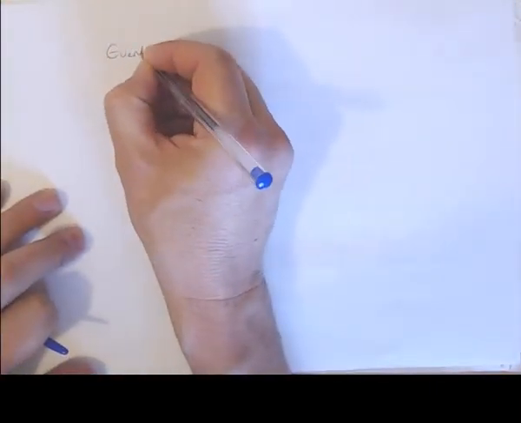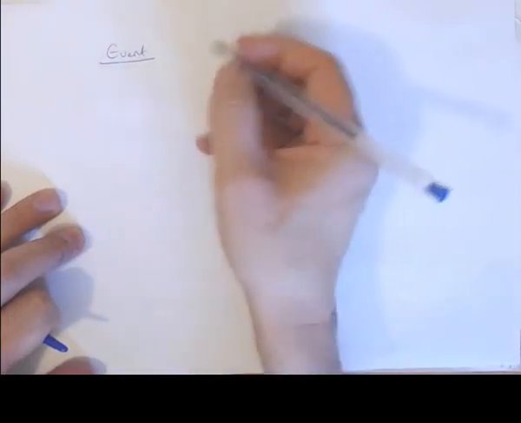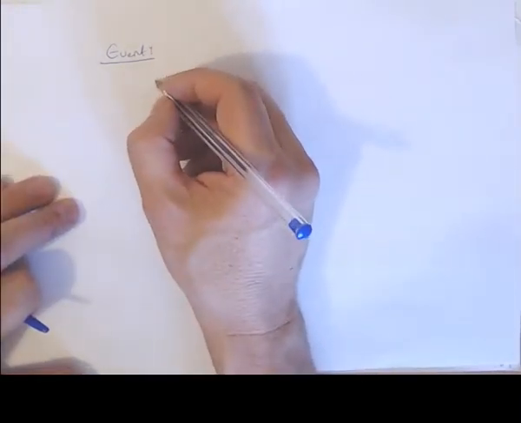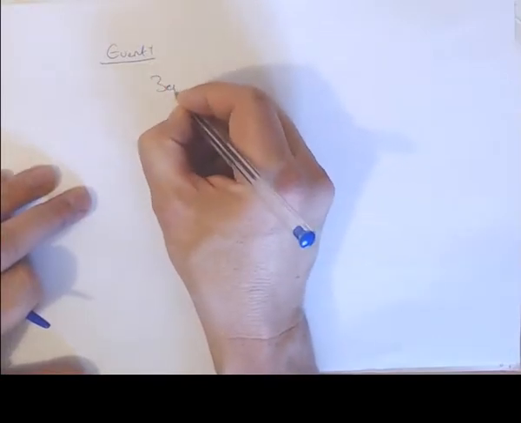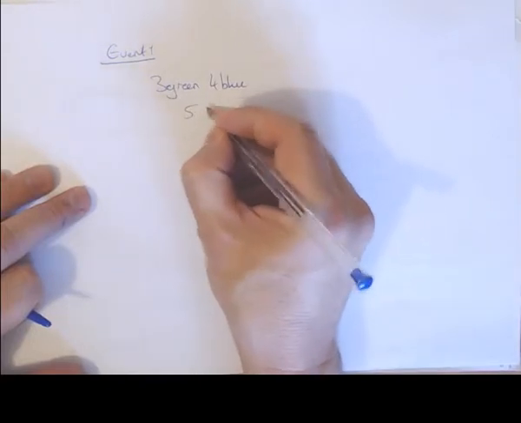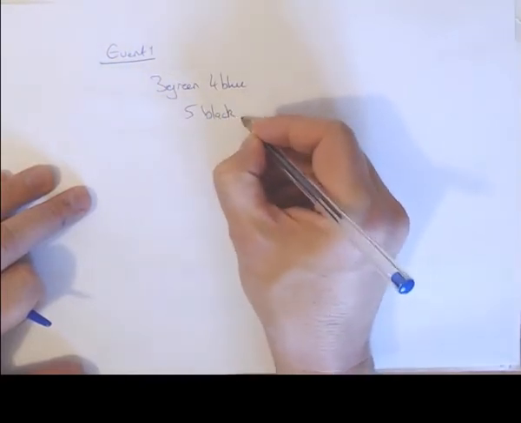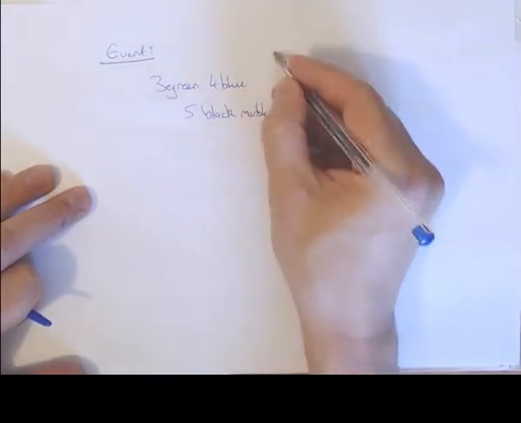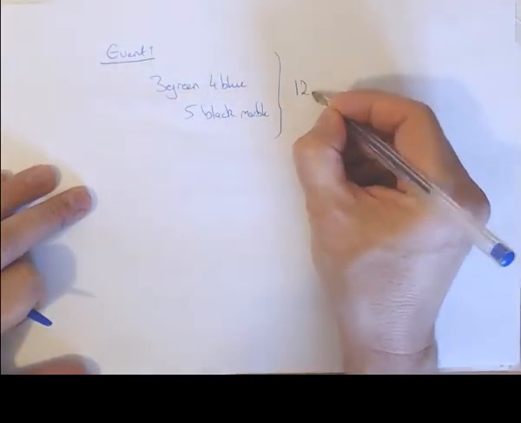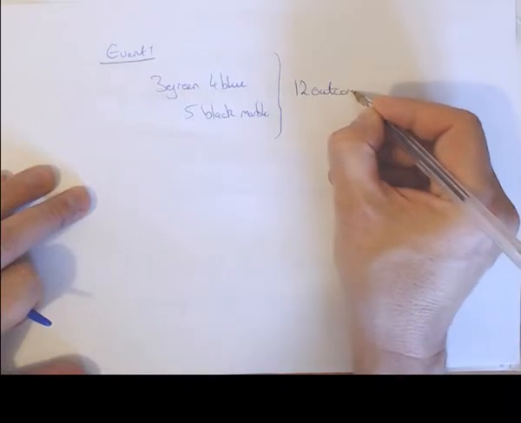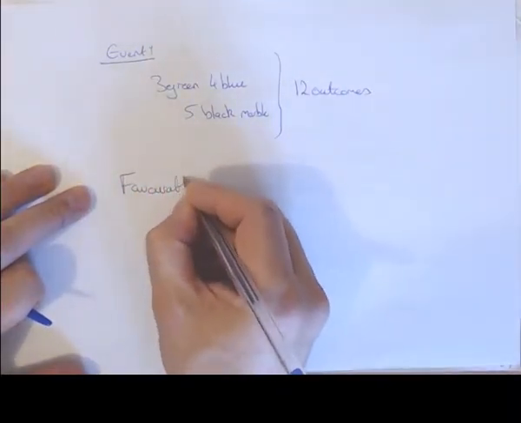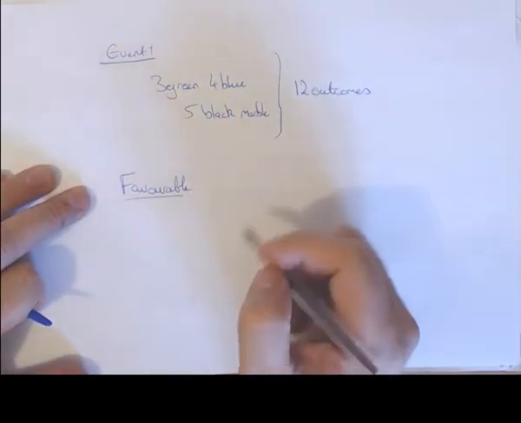There's only going to be one event, with perhaps, imagine that event was picking a ball from a bag with 3 green, 4 blue, and 5 black marbles. That is a total of 12 outcomes. And then we said our favourable outcome, we win a prize if we pick a blue.